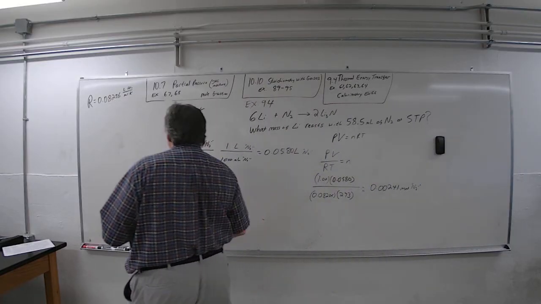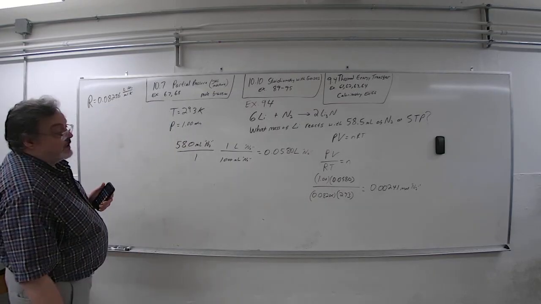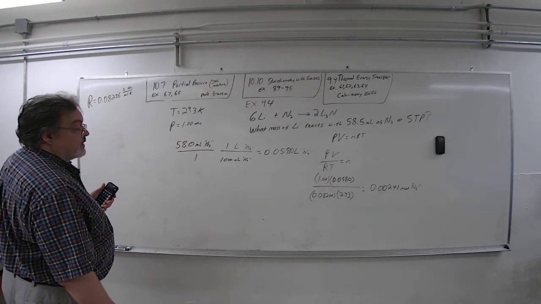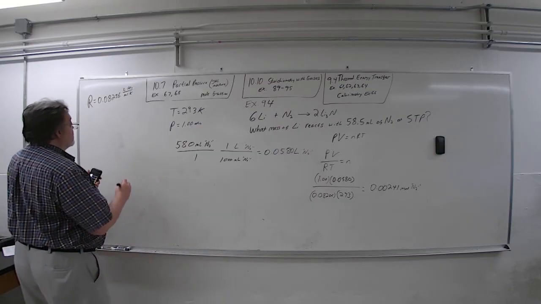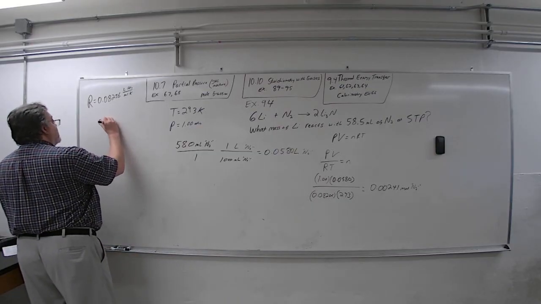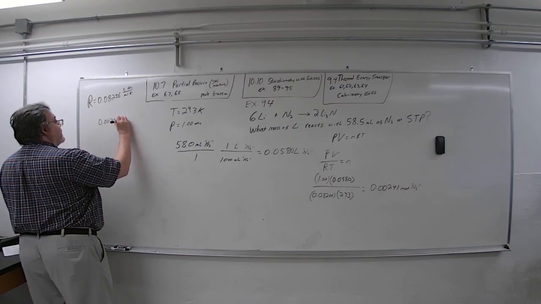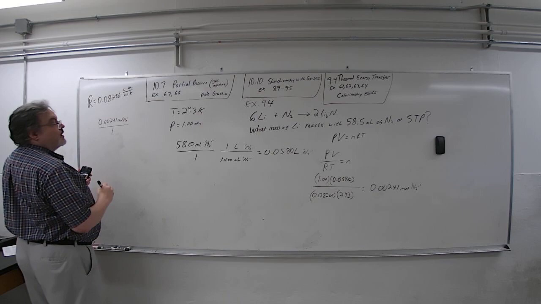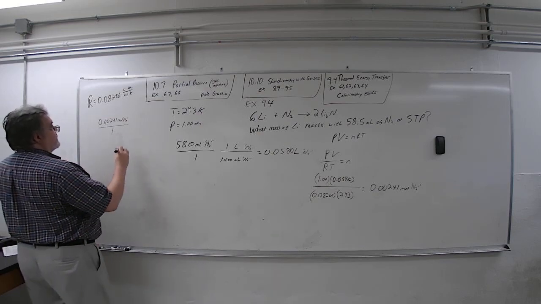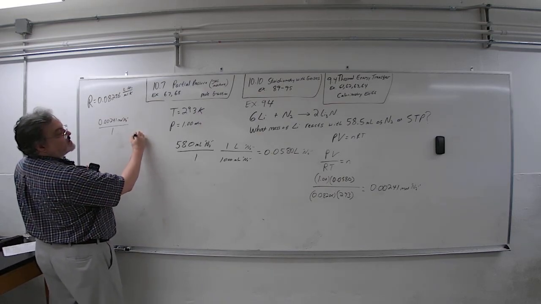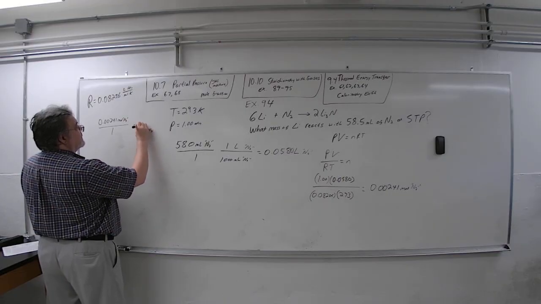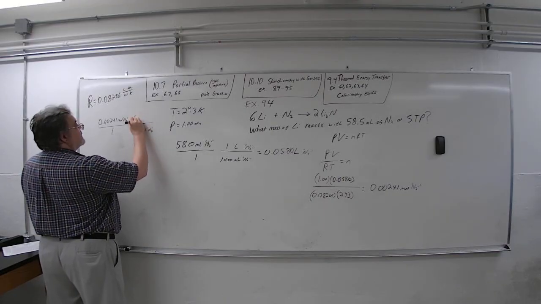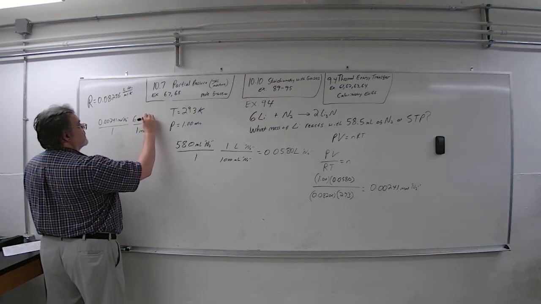Now that we have the moles of N2, 0.00241, mass of lithium. Mole ratio is 1 mole to 6 moles of lithium.